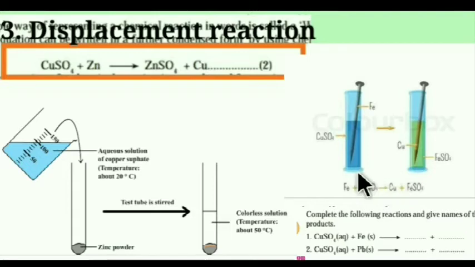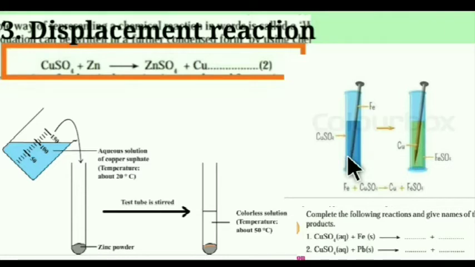In the second example, when an iron nail is kept in blue colored copper sulfate solution, the ion formed from the iron atom takes the place of Cu2+ ions in CuSO4 solution, and the copper atom formed from Cu2+ ions comes out.